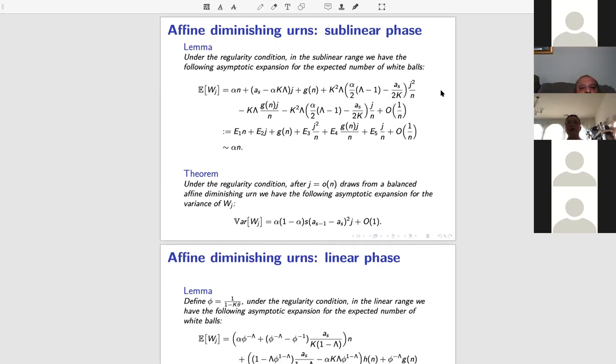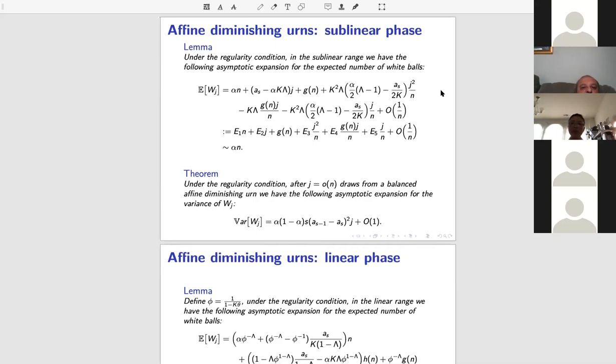After we do the asymptotic expansion for the second moment, we readily have the asymptotic expansion for the variance, which is given by the bottom theorem. So the variance of W_j is of order j, where j is little o of n.